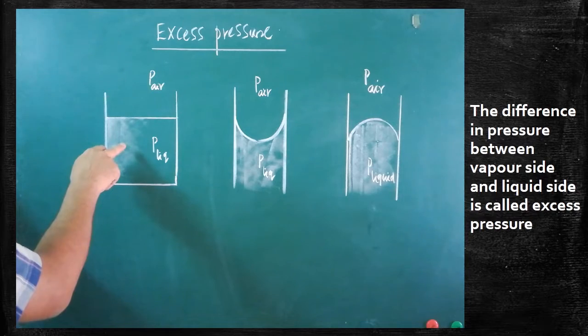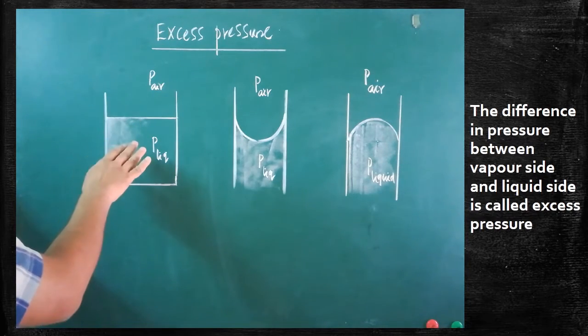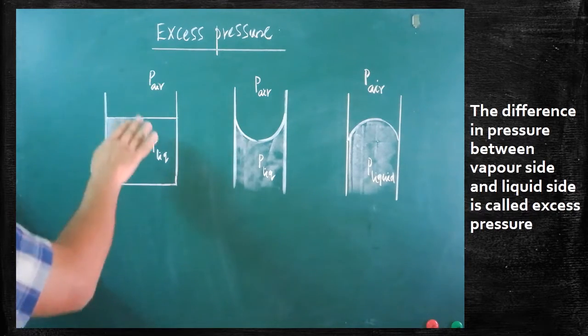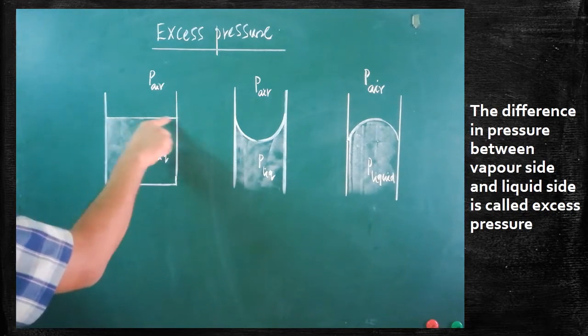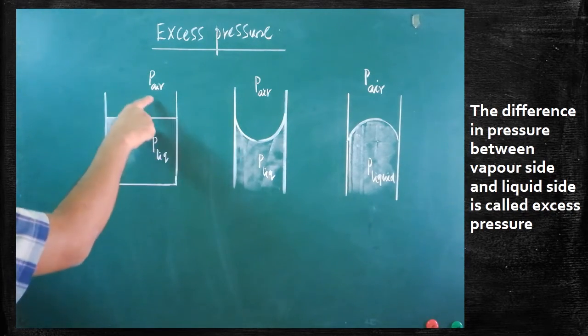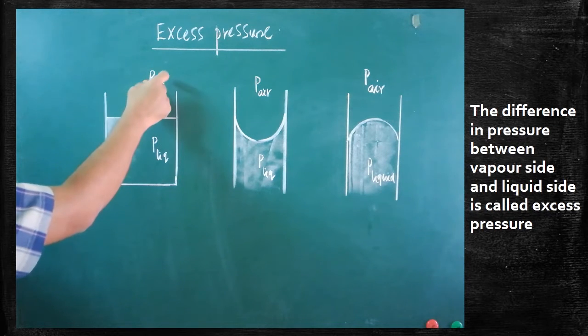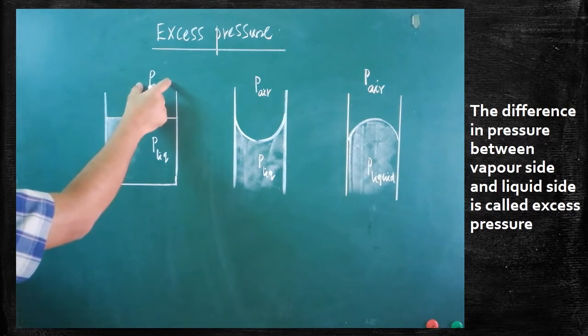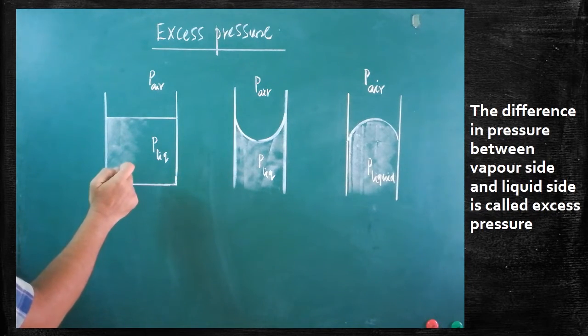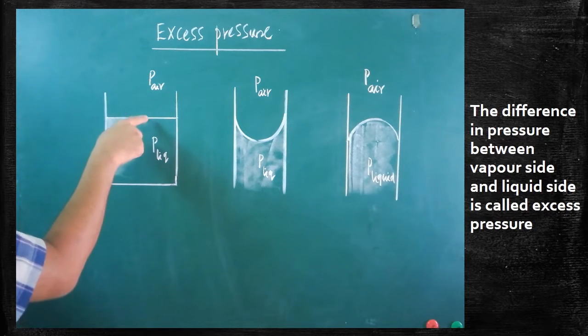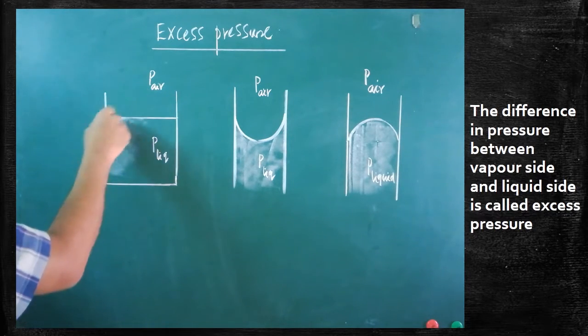First, we will see what is the meaning of excess pressure, the term that should be known in all three examples. Here the surface is flat. The air pressure is there, which can be written as P air. Here within the liquid some pressure is there, that is called P liquid. Are you clear? So in this case the pressure exerted on the surface is clear.